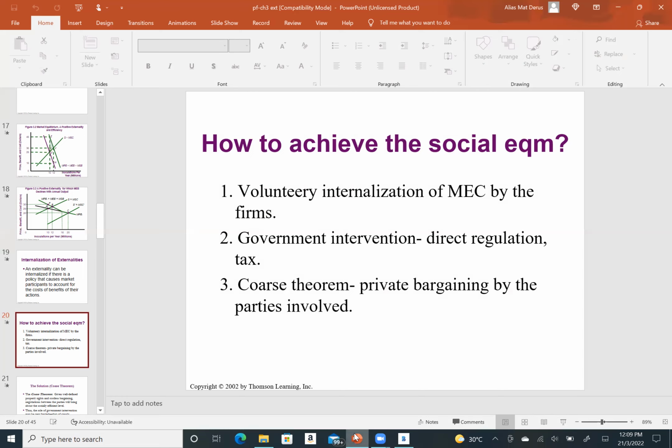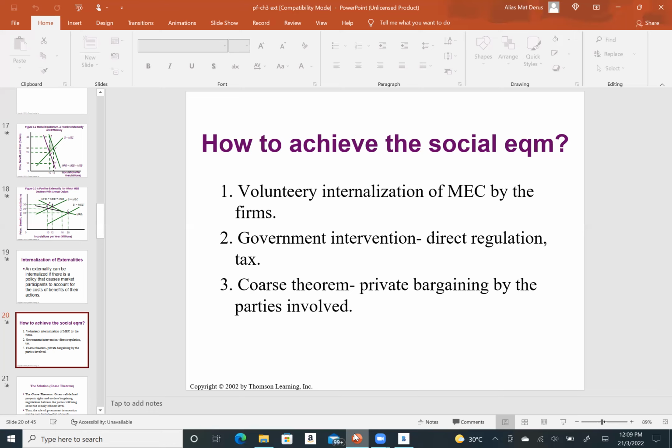Voluntary internalization means people do it on their own, like the firm does it on their own to take care of the external costs. Okay, that's number one. What is number two?